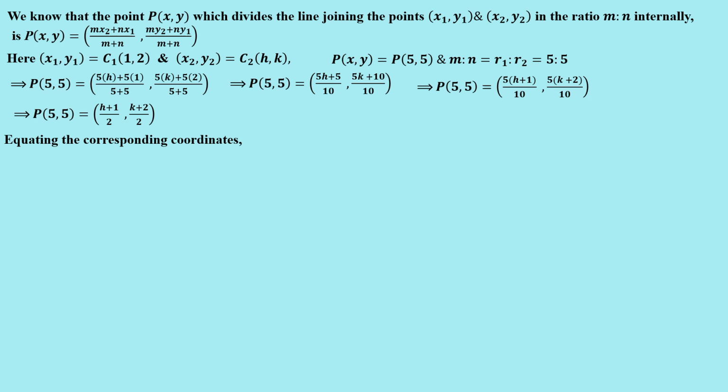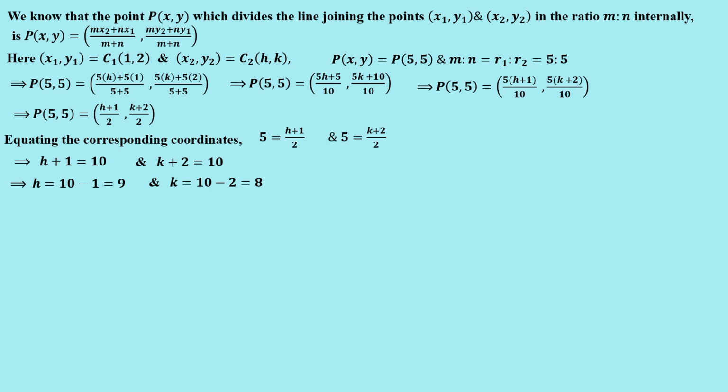Equating corresponding coordinates, (h plus 1) by 2 is equal to 5, and (k plus 2) by 2 is equal to 5. Therefore h plus 1 equals 5 into 2, 10, and k plus 2 is equal to 5 into 2, 10. h is equal to 10 minus 1, that is equal to 9, and k is equal to 10 minus 2, that is equal to 8. Hence the center of the required circle, h comma k, is equal to 9 comma 8.